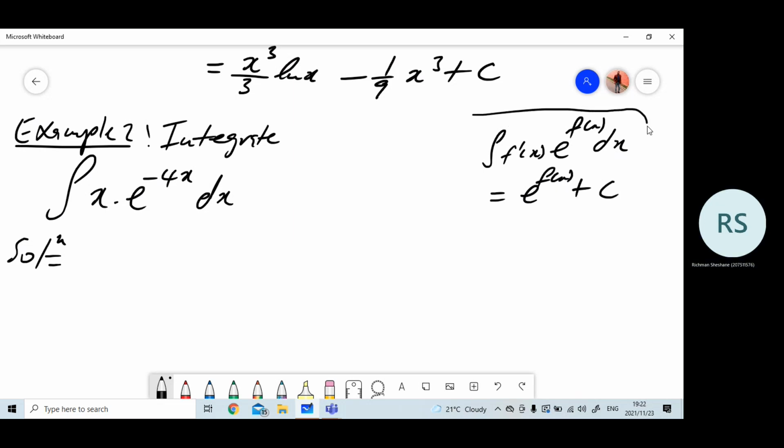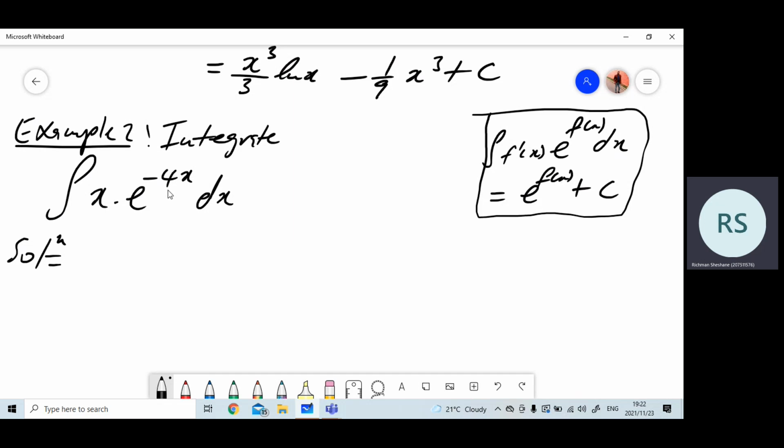Basically, this standard integral says if you're integrating e to the power of f of x, and this f of x has its derivative here, the integral is just going to be e to the f of x plus c.